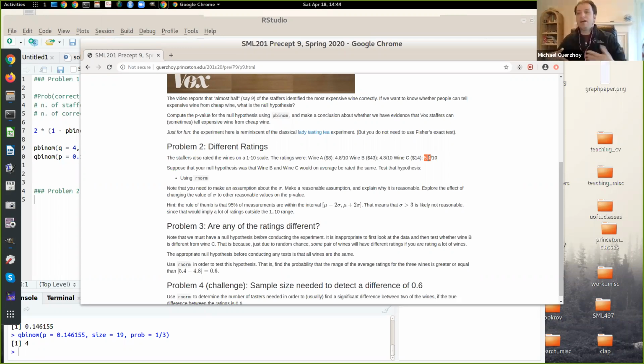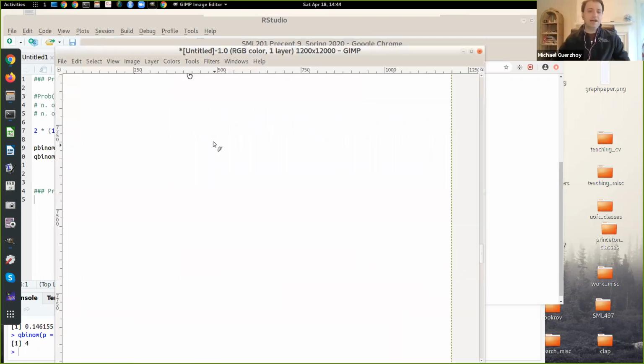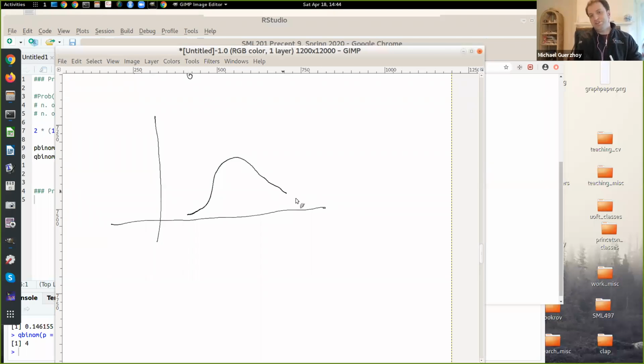In the meantime, we have to make a reasonable assumption about what the standard deviation of the individual ratings might be. The implication of our assumption is what the distribution of the ratings looks like. So this is going to be the mean, and this is going to be the standard deviation. The standard deviation can be too large.